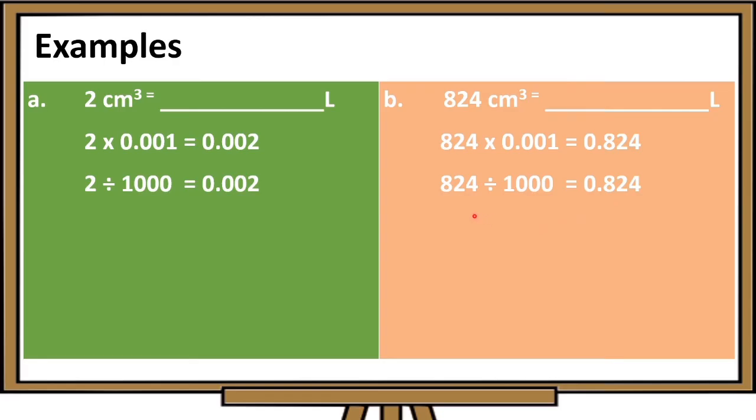Or we can use the second formula, 824 divided by 1,000. Same answer din lang yung makukuha natin, 824 thousandths. Okay, remember kapag merong decimal point before the number, yung spelling ng ating place value ay may letter TH sa dulo.